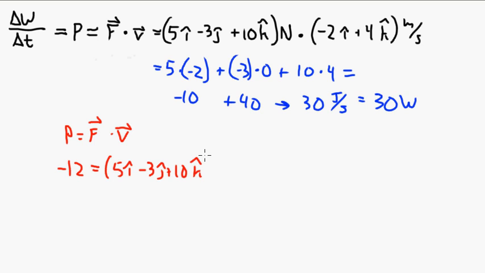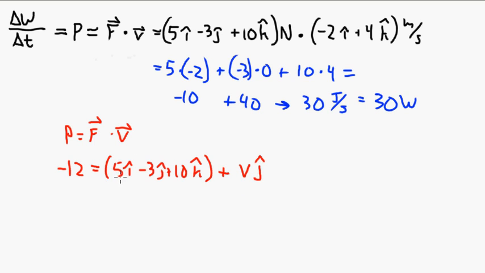And we know that the velocity has only a j component, so our v vector is just the speed in the j direction.